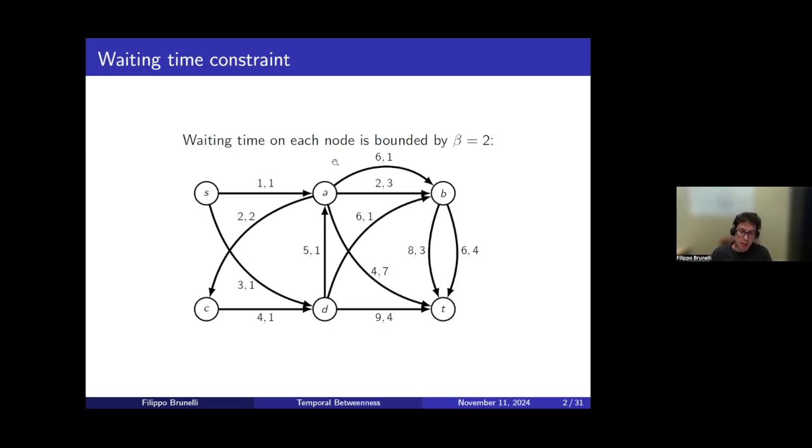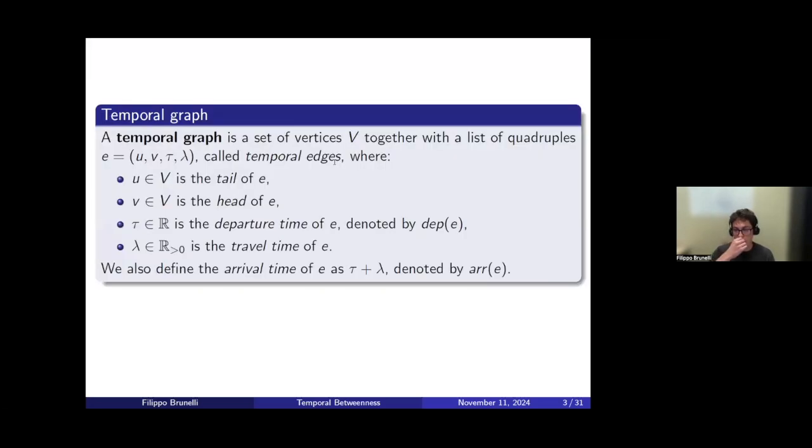And from an application point of view, this makes sense, especially for transport networks, whether it is public transit networks or flight networks, or even in certain types of models of epidemics, for example. So let me now give a bit more formal definition of this model of temporal graph.